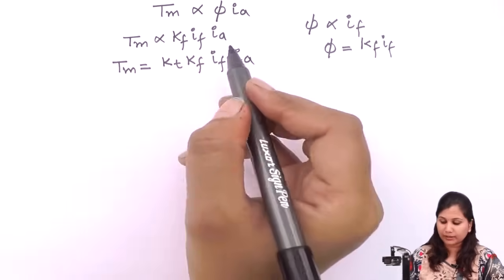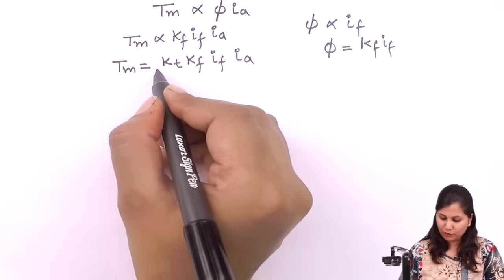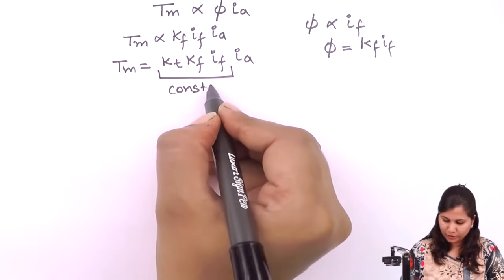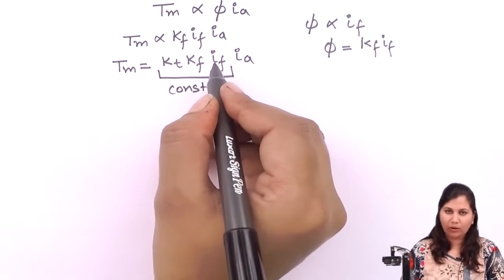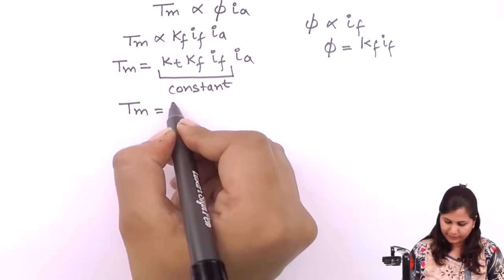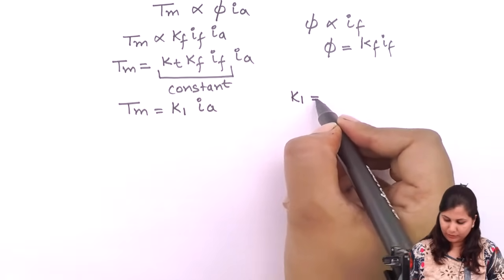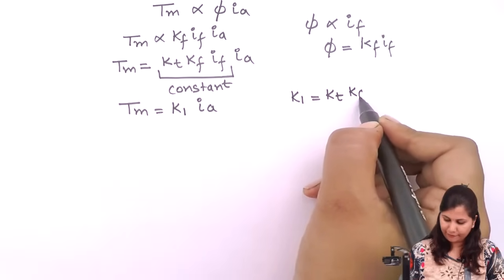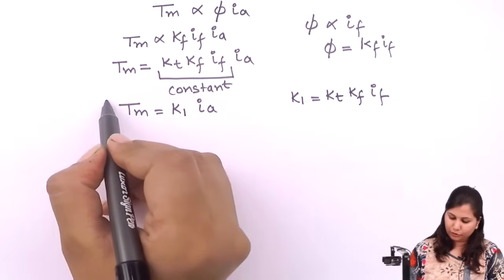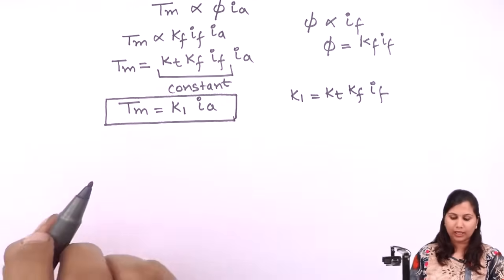Kt is a constant, Kf is a constant, and this field current we have already kept as constant. So we have these three as constants in it. So instead of these three constants, we will replace them with a single constant K1, and this is Ia, and K1 is equal to Kt, Kf and If.